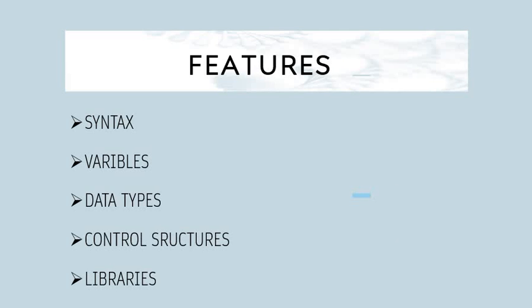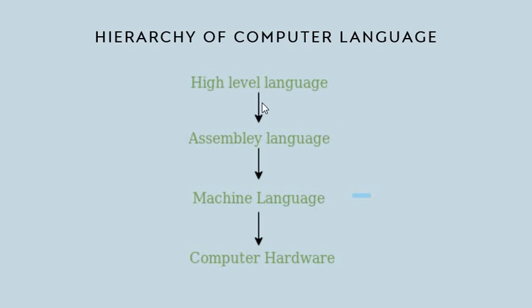Next is something about the hierarchy of a programming language, the hierarchy of a computer language. So what is a computer language, and how will we convert it? Firstly, high level language.